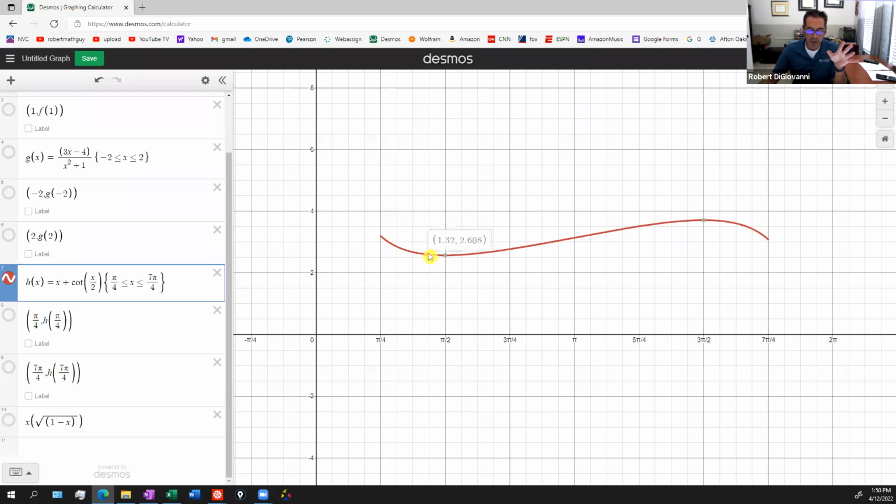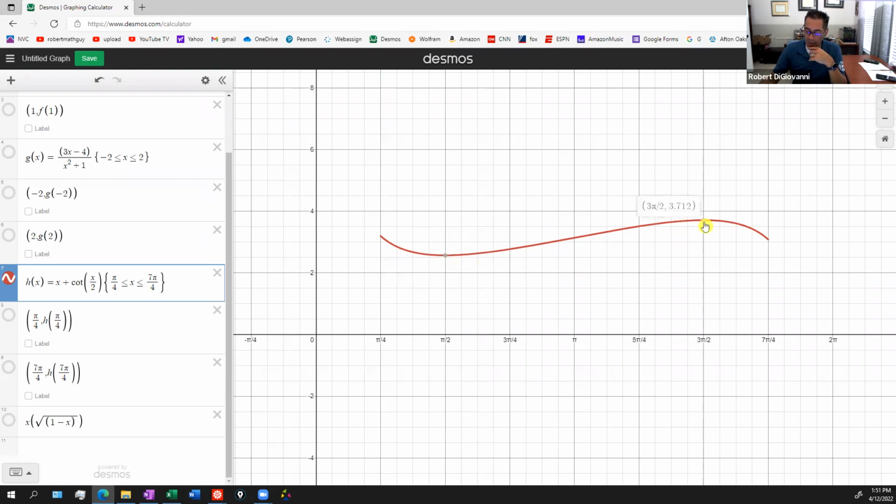When you plug in pi over 2 as a decimal, you get 2. Wait, did I say negative? Something is wrong here. Hold on. When you plug in pi over 4, you should get 3.181, something close to that. When you plug in pi over 2, you get about 2.5.